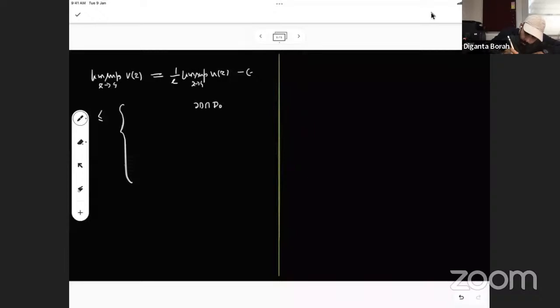So zeta is coming from here. Then, as we have observed, this is less than or equal to minus epsilon. And the other part, which is basically delta D minus this D naught. So here you can say something more actually.